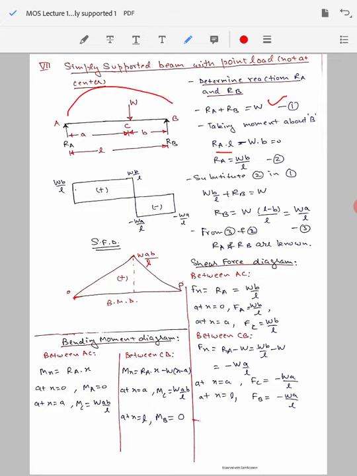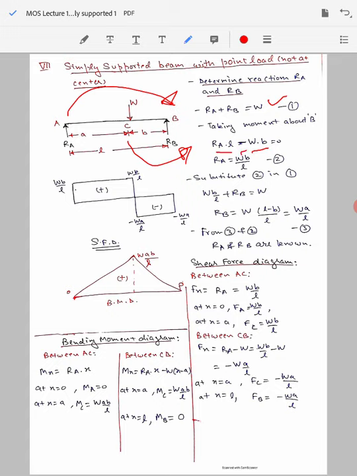There is another load acting here, that is the applied point load. It is at a distance small b from the end B, so its moment will be W into b. But now this moment is in the anti-clockwise direction, so it should come here with the negative sign.